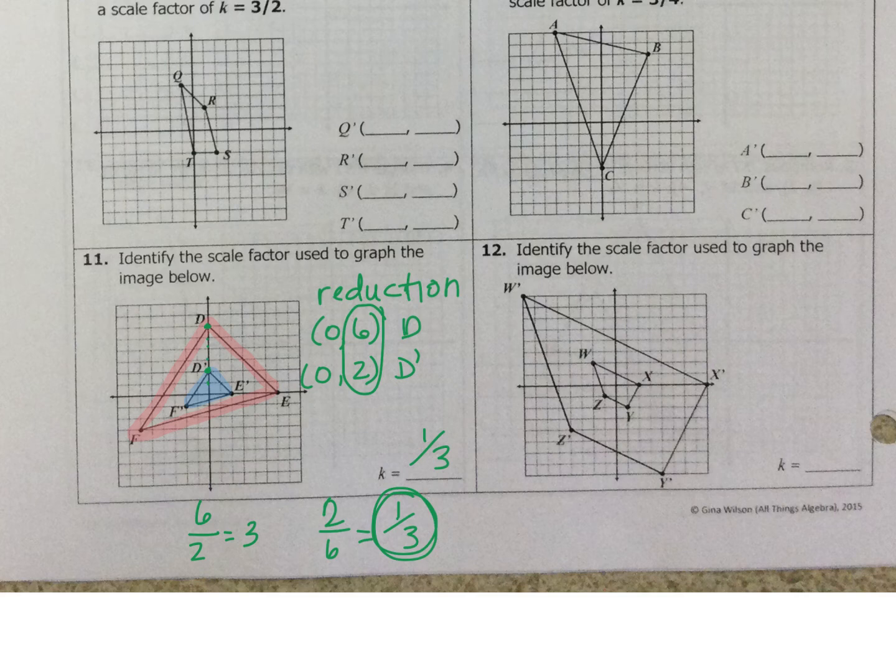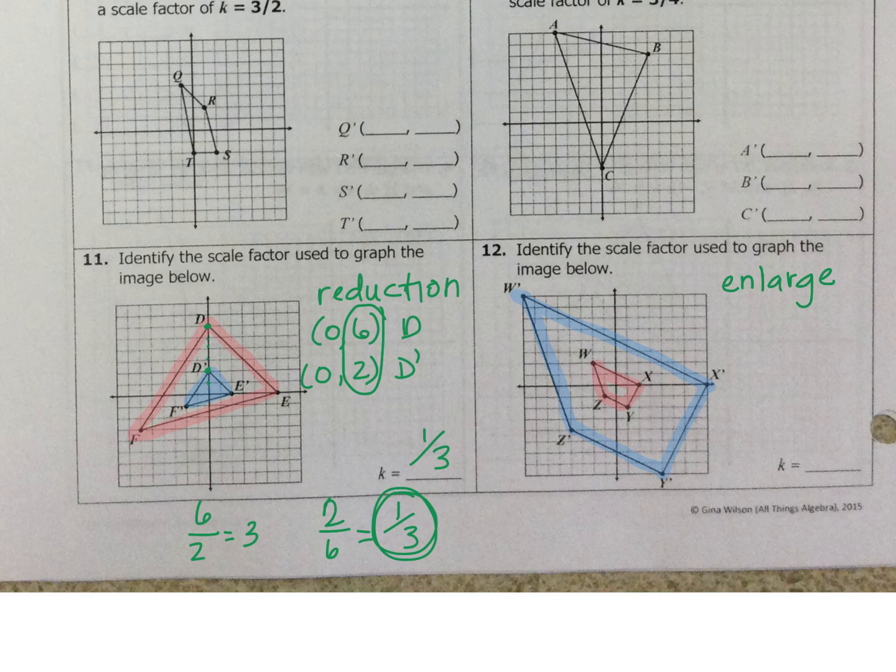This next one, my pre-image is the little bitty one, and my image is the big one. So this is going to be an enlargement because I went from the small red to the big blue. So I'm going to pick a point.